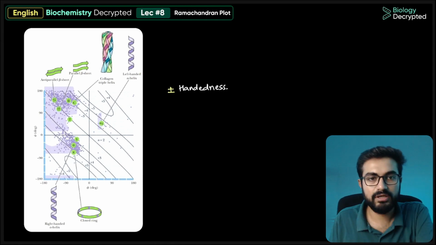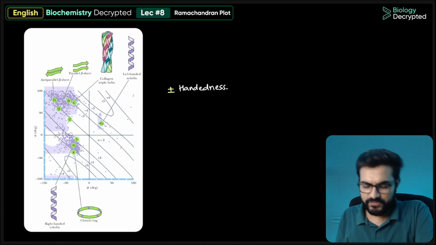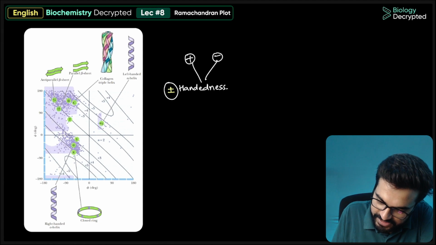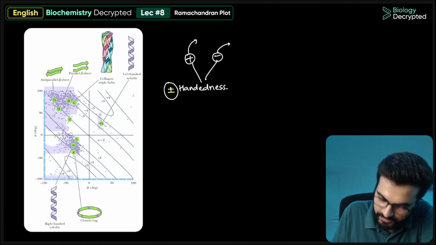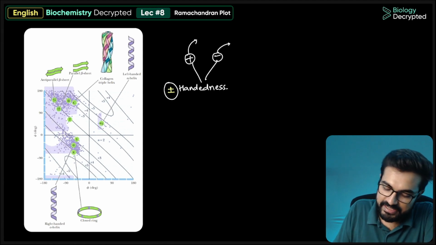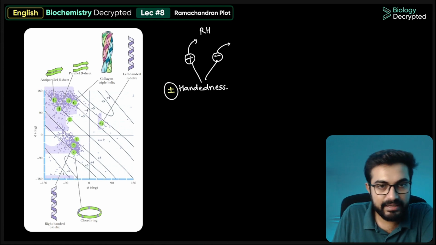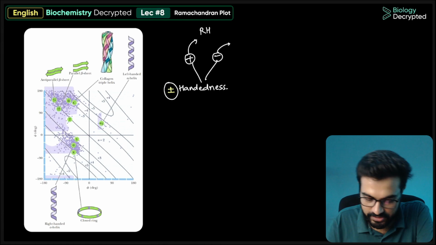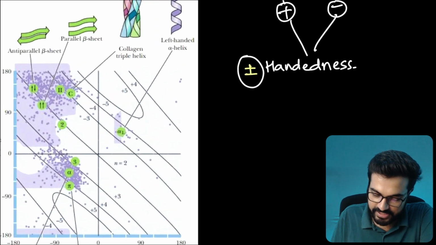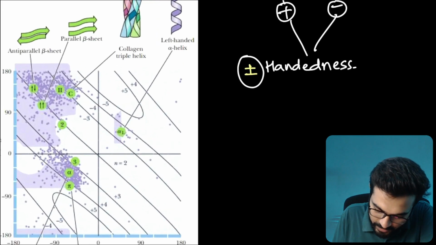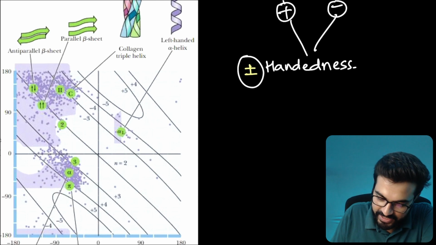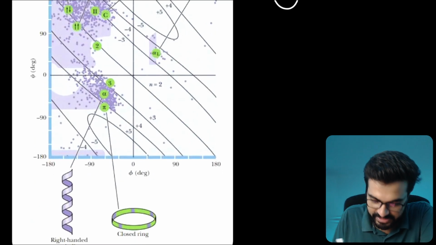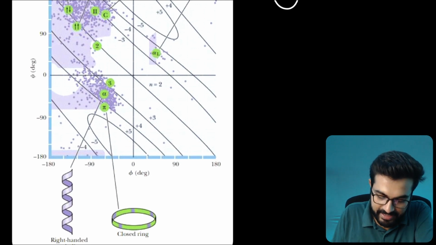So what you saw here, +4, +5. If it is positive, then it signifies a right-handed structure, for example a right-handed helix. What you see here is for the left-handed helix, you have a minus sign. And for the right-handed helix, for example, here you can find the right-handed alpha helix.